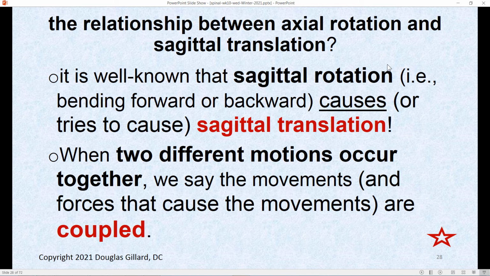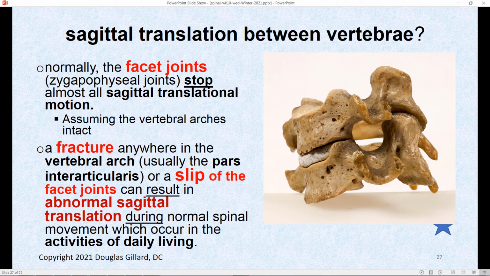So it's well known that sagittal rotation actually causes sagittal translation. Sagittal rotation we haven't officially talked about yet, but that's when you touch your chin to your sternum, or flex your cervical spine forward. That's an anterior sagittal rotation. When you do that, it also tries to impart an anterior sagittal translational force as well.